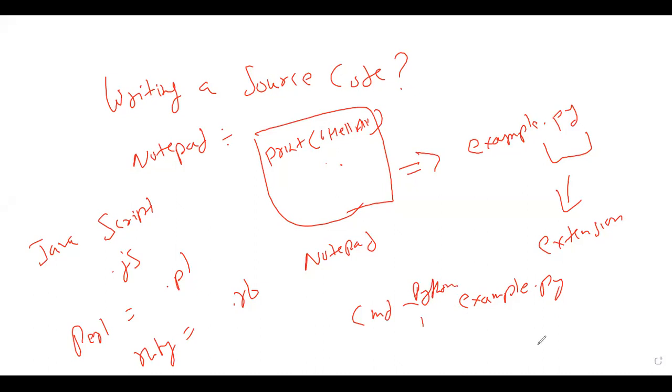I can execute it here, or I can double click on it. If I'm using Windows, double click on it and it will execute the program. Or in command line mode, I can use python example.py.